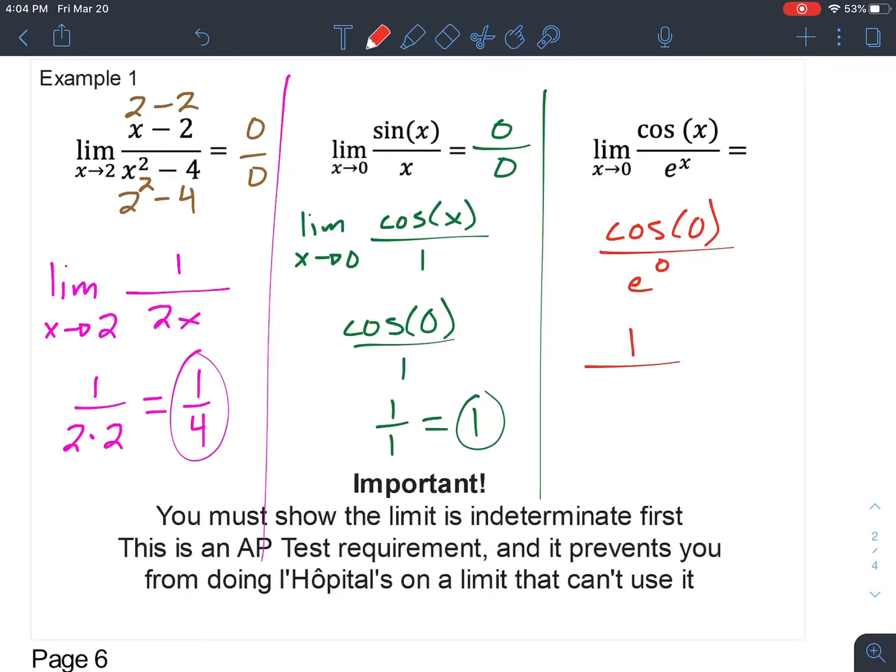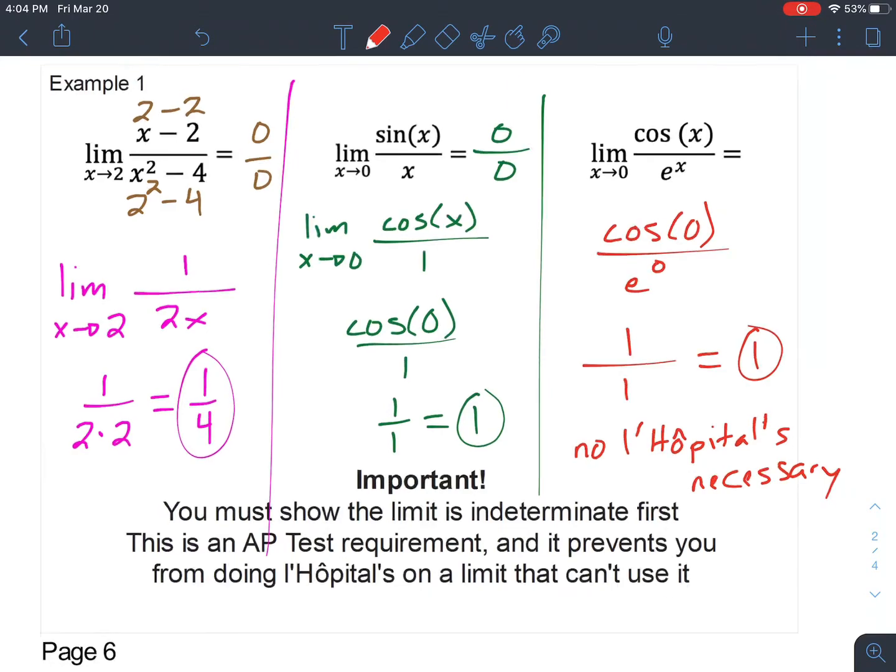And on the bottom, e to the 0 power is also 1. This question I put there on purpose. No L'Hopital's necessary, because we were able to solve it without getting an indeterminate form.